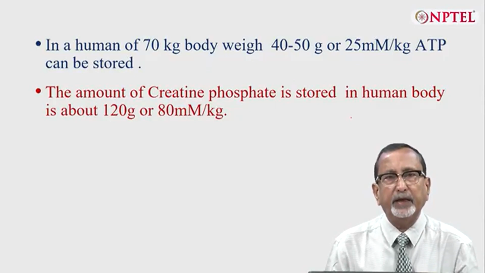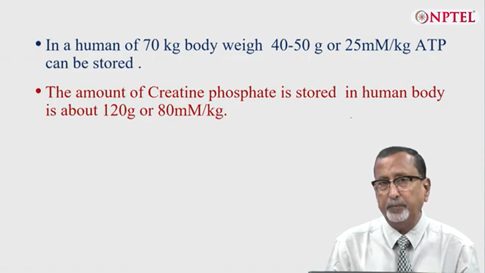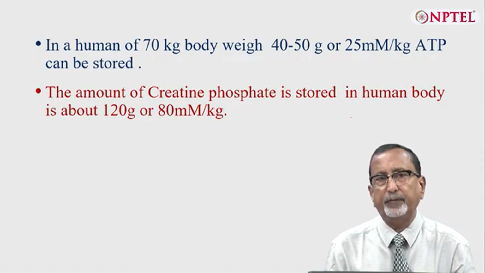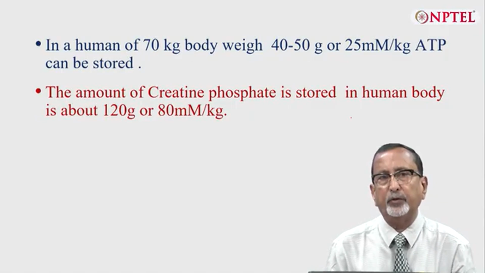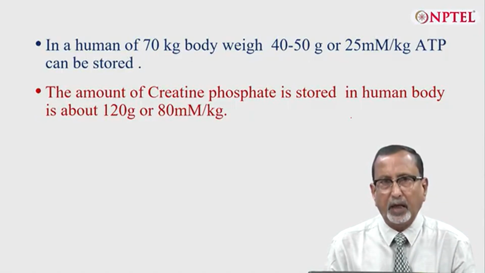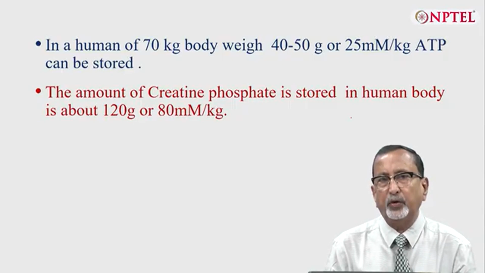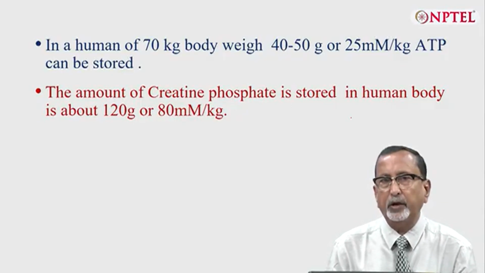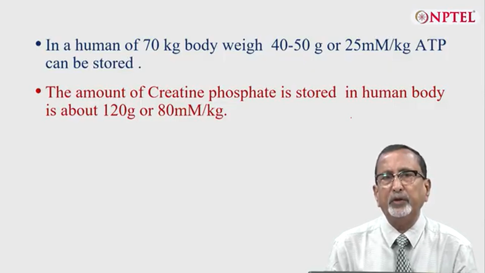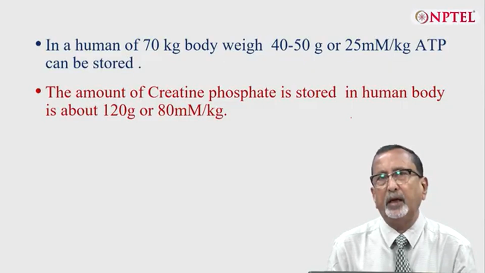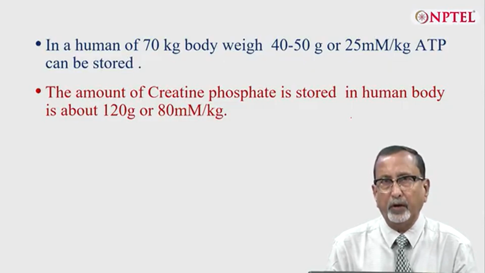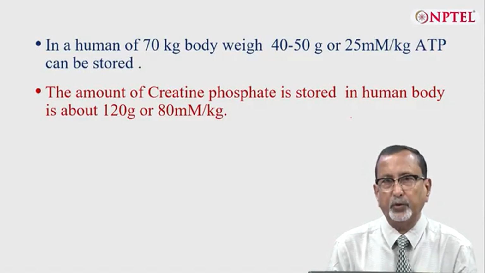The amount of creatine is slightly higher, almost 3 times compared to the ATP store. ATP is 40 to 50 grams, whereas the creatine store is around 120 grams. But again this store is relatively small. So, the human body can only use this store for high sprinting activity lasting for 10 to 12 seconds.